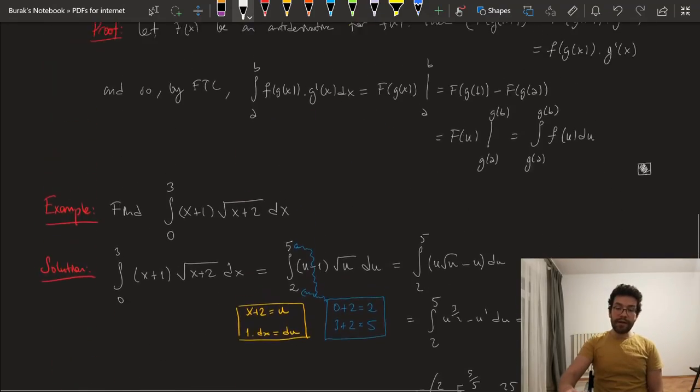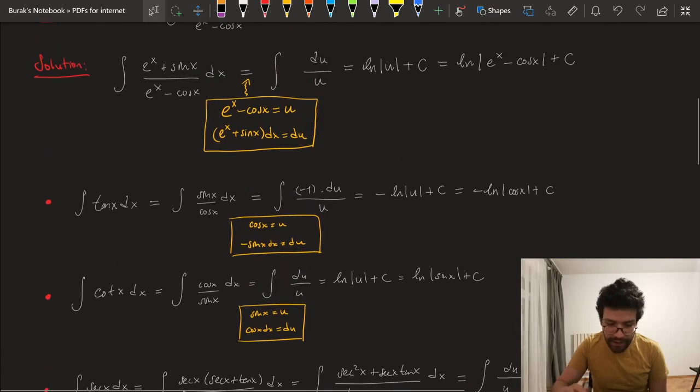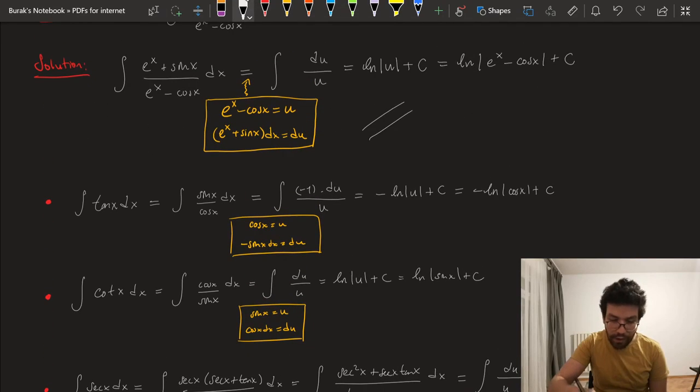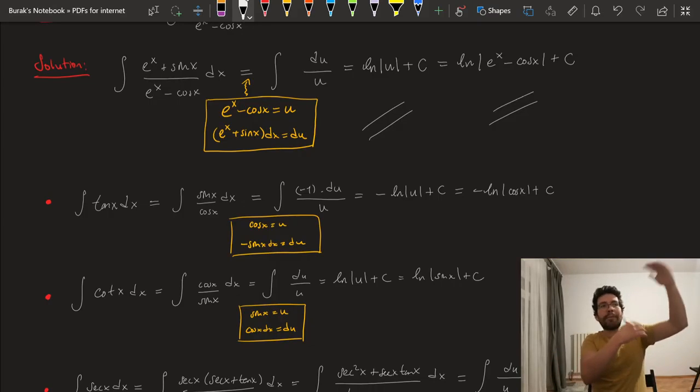So remember, while doing these examples, we did these substitutions, and at the end we changed everything back to x. We didn't leave any terms involving u. What you can do while doing substitutions for definite integrals is just that: you can do your substitutions and then go back to working with x. If you're planning to do that, then you don't need to change your upper and lower limits all the time.